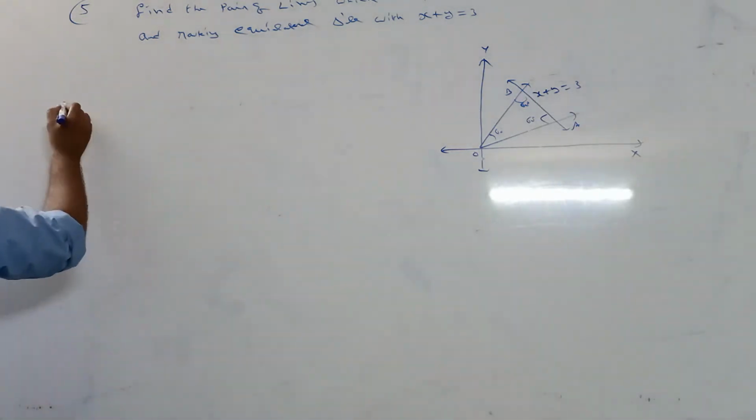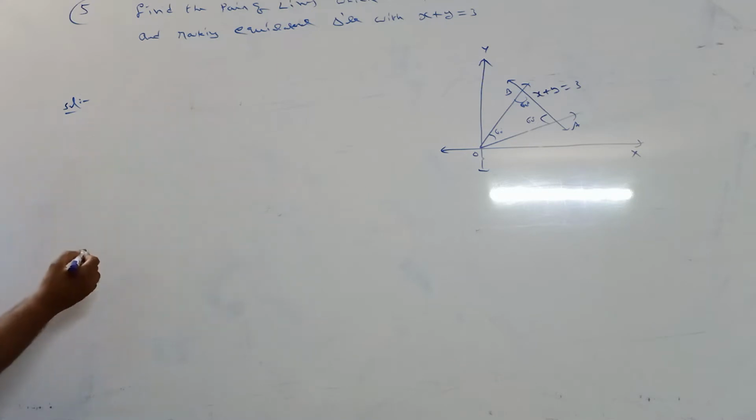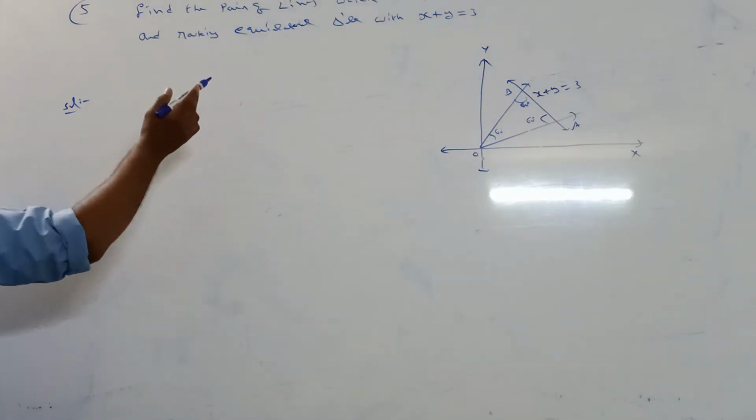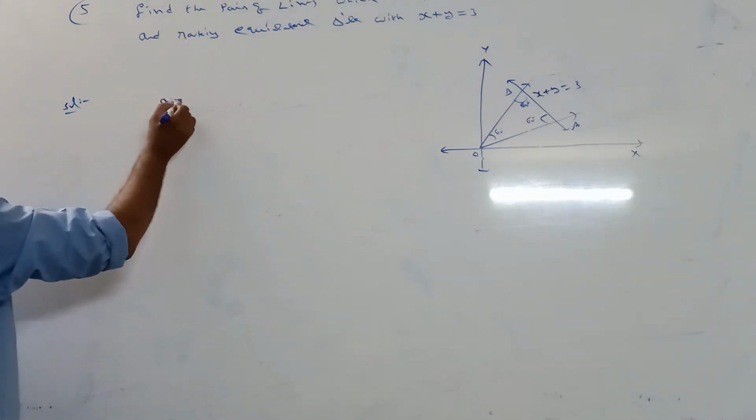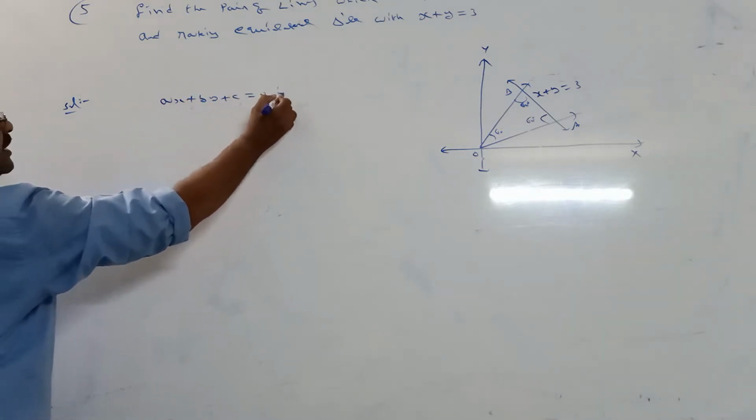So here we have one formula for the pair of lines passing through origin and making an equilateral triangle with ax plus by plus c equals 0.